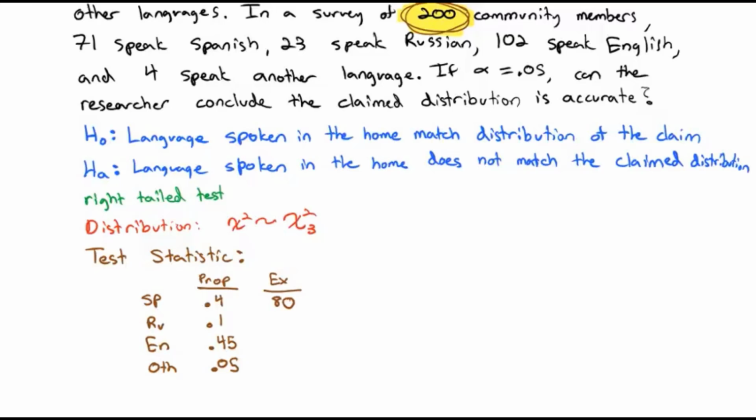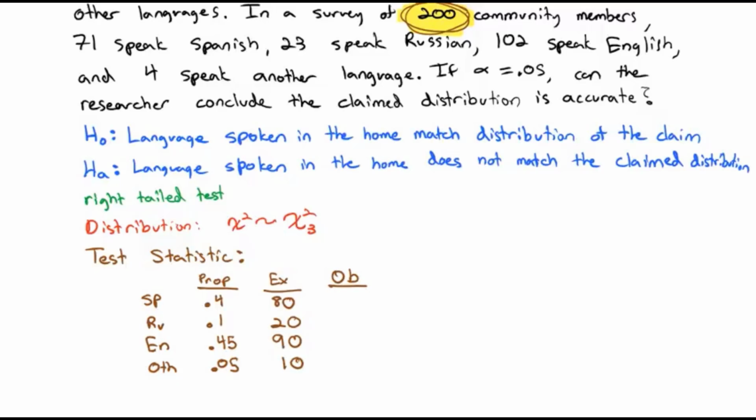For the Russian, we'd expect it to be 10%. 10% of the 200, 0.10 times 200 is 20. For the English, 0.45 times 200 is 90. And for the other, 0.05 times 200 is 10. So we use those percentages and the total sample size to calculate what we expect to happen.